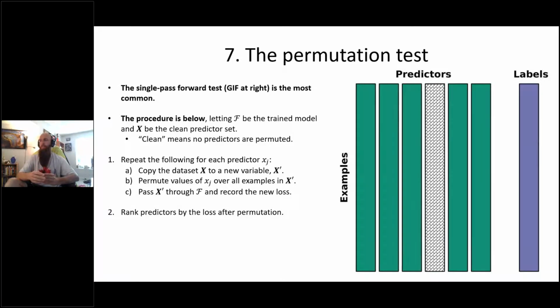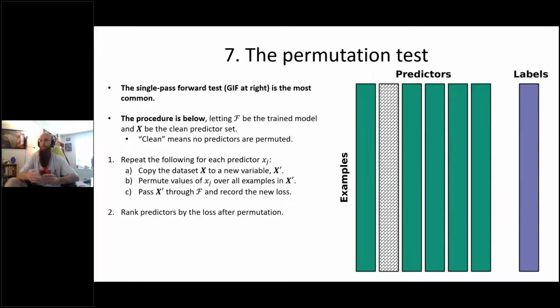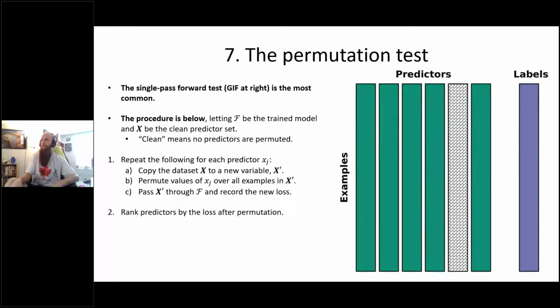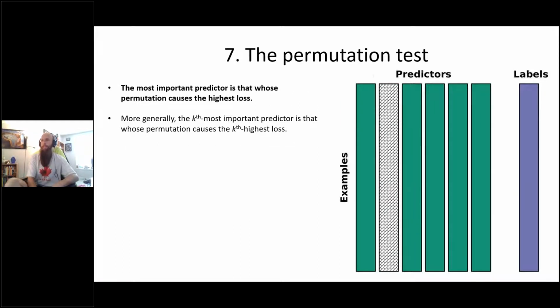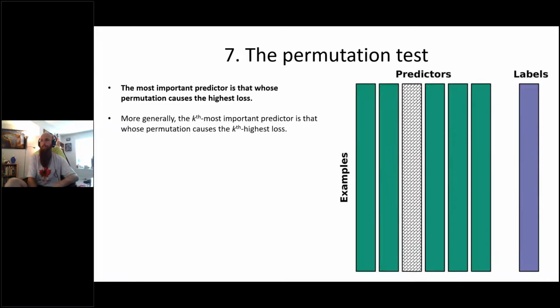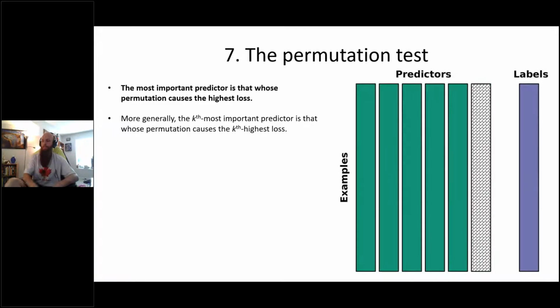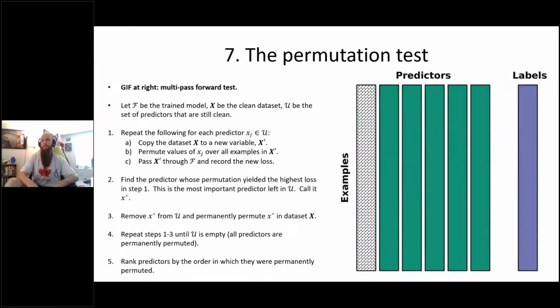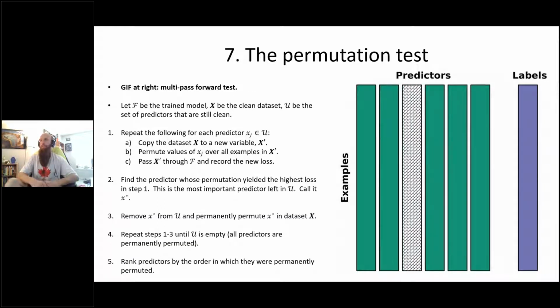If the loss function increases by a lot, that means the predictor you just permuted is important. Otherwise, the predictor you permuted is probably not important. And the kth most important predictor is the one that causes the kth highest loss, or the kth greatest increase in loss, when you permute it. You'll see that in the results that I'm going to show later on.